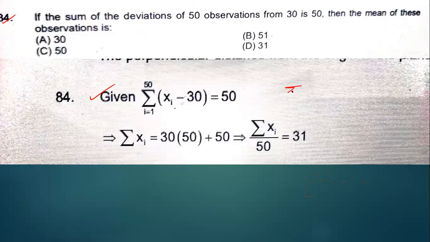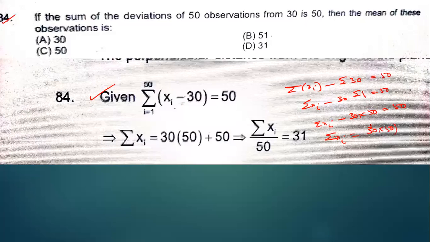So sigma xi minus sigma 30 means 30 into sigma 1. Sigma 1 means 1 repeated how many times? 50 times. So sigma xi is equal to 30 into 50 plus 50.